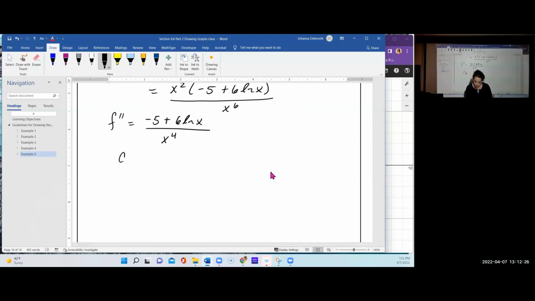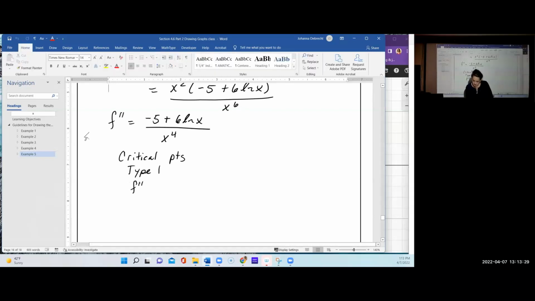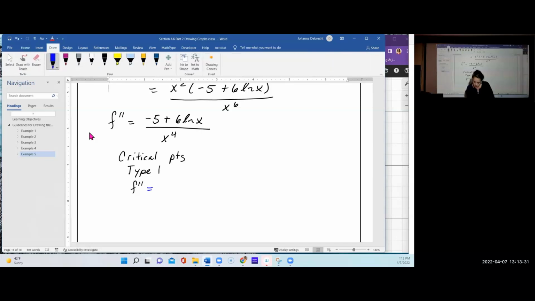We have type 1, which is the second derivative equal to 0. And we have type 2, which is the second derivative does not exist, but the first derivative and the function do.